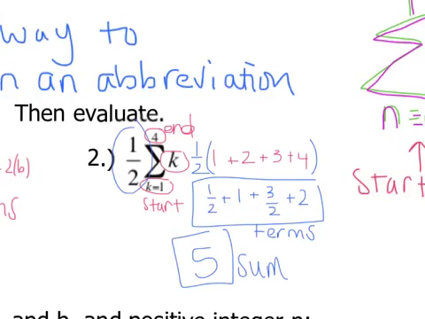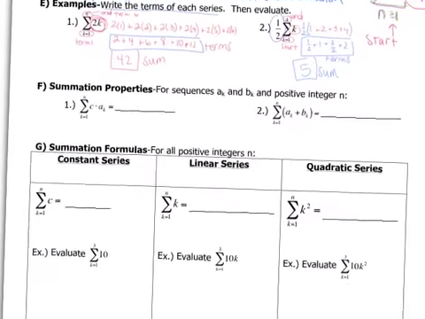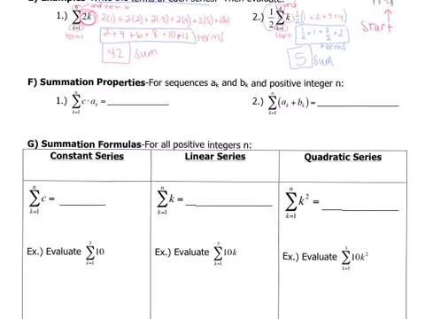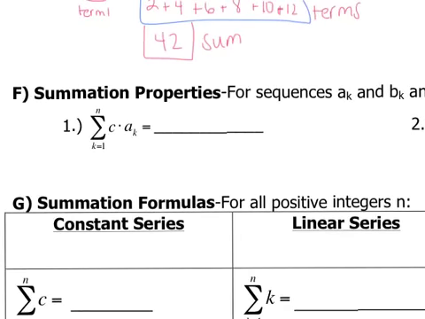Let's move on. We have a couple of properties for our summations that will help us a little bit in what we're going to do last. Let's look at the first one. So this C is just indicating a constant.